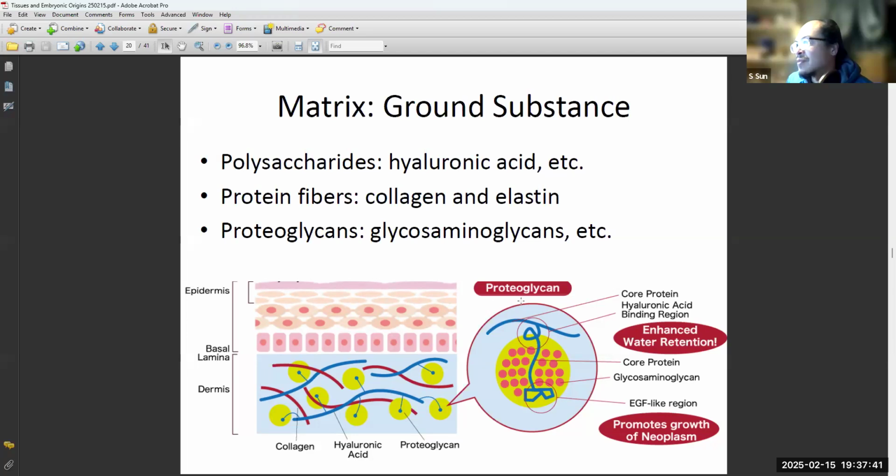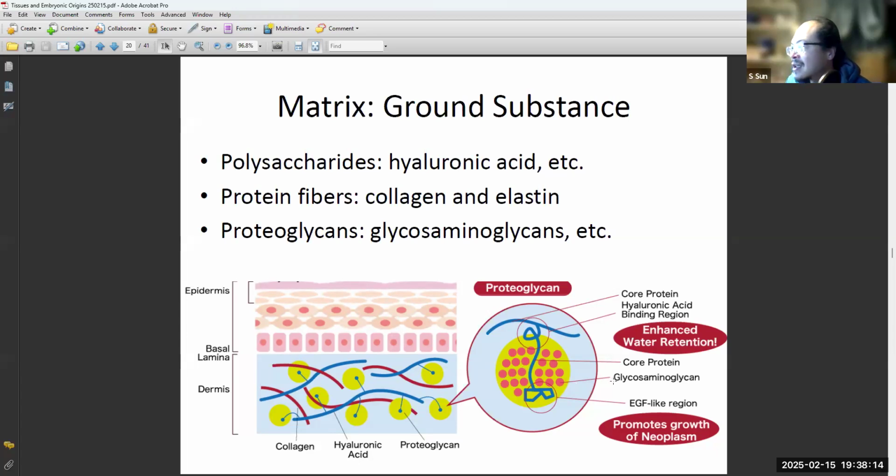So here is the proteoglycan. It contains some protein. Proteo means protein. Glycan means sugar. So it includes the protein and the sugar. Here is the protein core, and this one provides some attachment for sugar to attach on it.